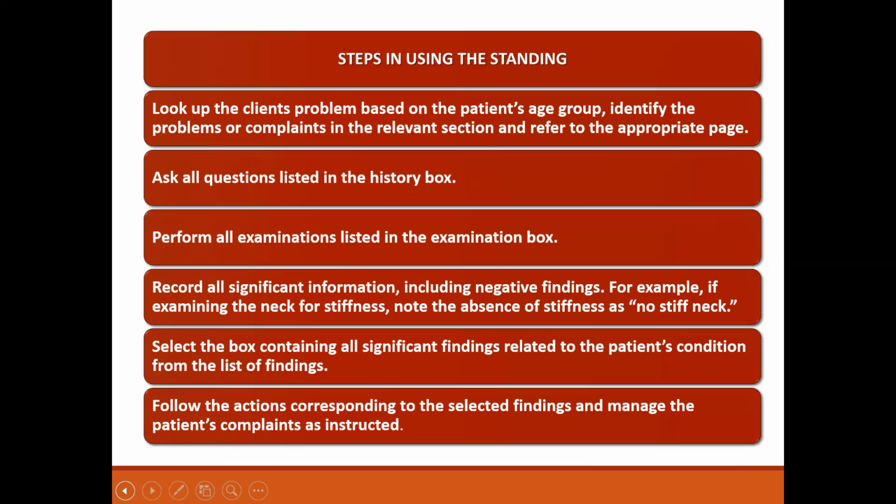Record all significant information, including negative findings. For example, if you are checking for neck stiffness and on assessment there's no neck stiffness, you write no stiff neck. Then select the box containing all the significant findings related to the patient's condition from the list of findings you have there. Then follow the actions that correspond to the selected findings and manage the patient's complaints as instructed.